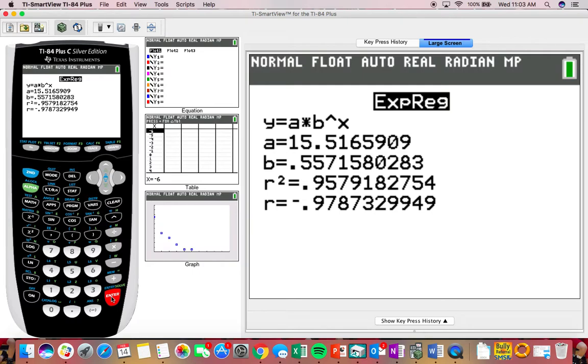For this one, it's in the form of an exponential equation. Notice it says y equals a multiplied by b to the power of x. So mine is going to be y equals 15.52 multiplied by b, so 0.56, to the power of x. And the r squared value for this one is 0.96 if you round to 2 decimal places.